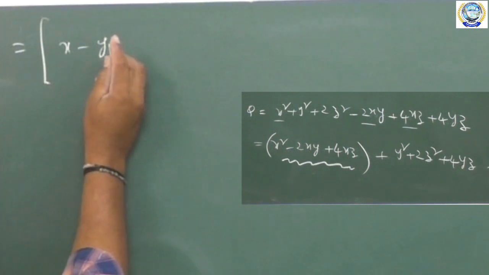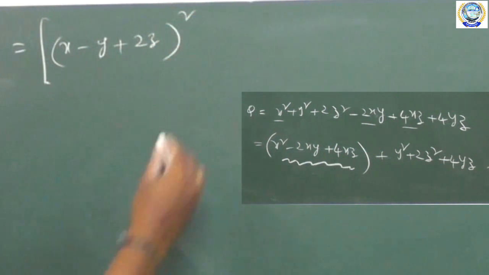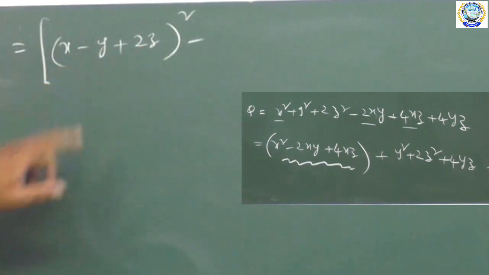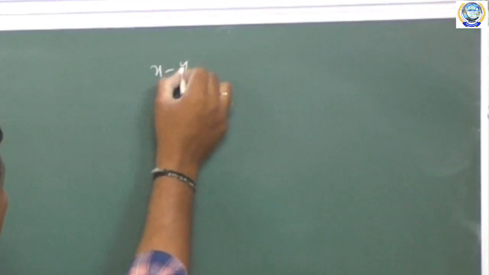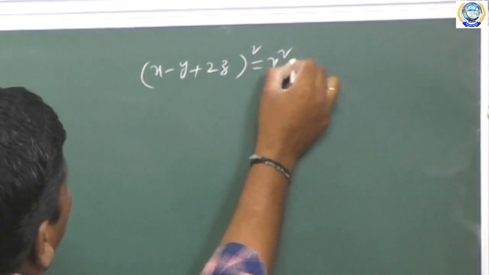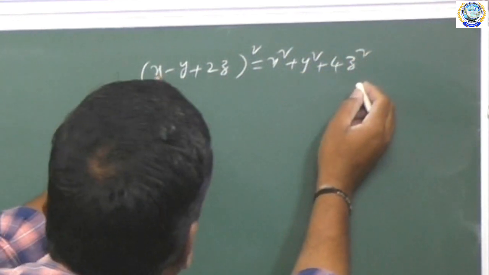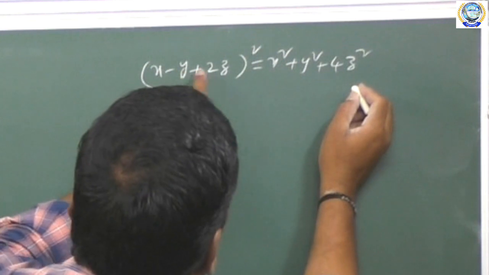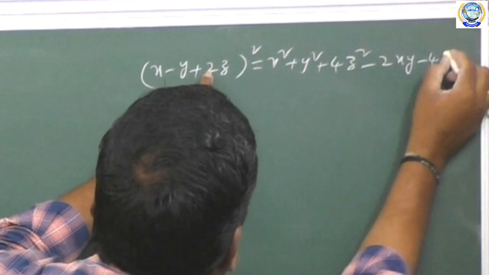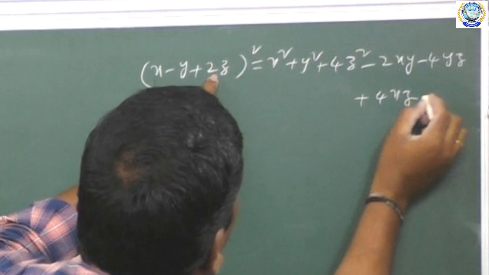Here we use 1 by 2 into 2z, plus 2z, whole square, minus the expansion of this. x minus y plus 2z whole square is x square plus y square plus 4z square. a minus b plus c whole square is a square plus b square plus c square minus 2ab minus 2bc plus 2ca, plus 4xz.